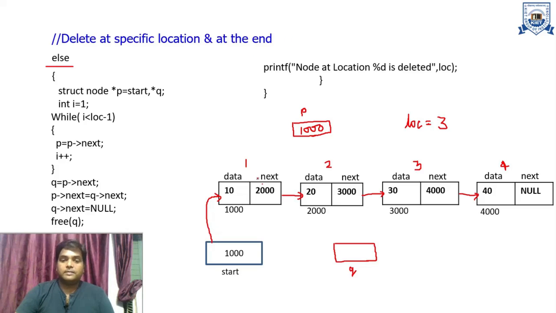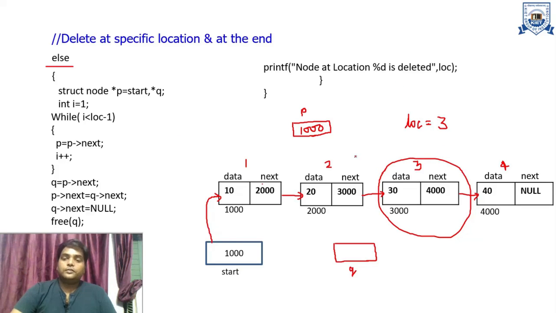Now let's suppose we have this type of scenario, that is we have a total of 4 nodes available, 1, 2, 3, 4. Now start is pointing to the very first node, that has the value 10 over here. Now we choose 2 variables over here, p and q. Why do we choose these 2 variables p and q? Let's suppose we want to delete this particular node, that means delete the node at location 3.